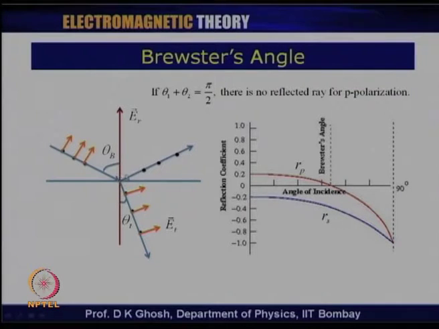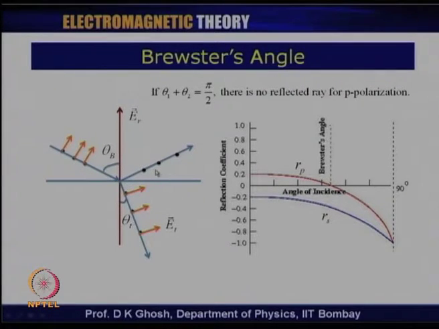The way we have shown it, these dots indicate light polarized perpendicular to the incident plane, and the arrows are in the incident plane. So, if you start with unpolarized light, you have a mixture of both the black dots and the orange arrows. However, at this particular angle, we have seen that there is no component of p polarized wave in the reflected ray. The transmitted ray still has both.